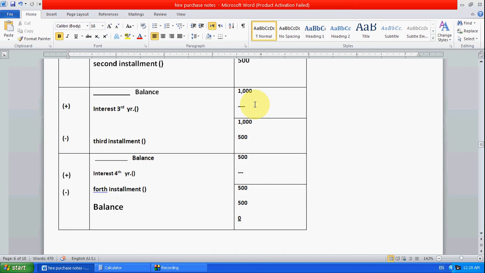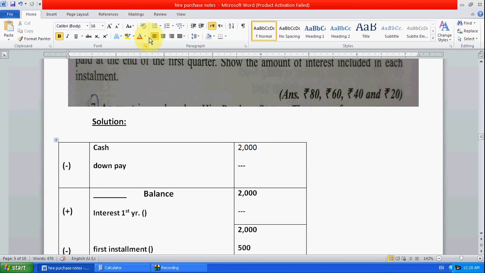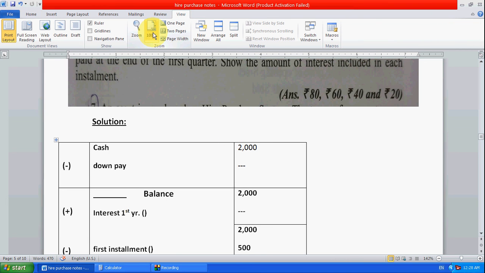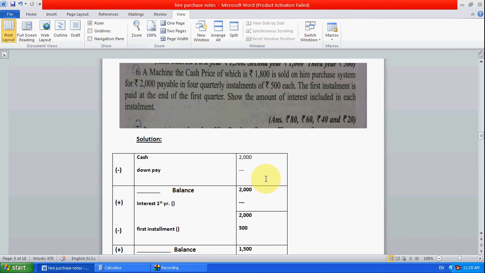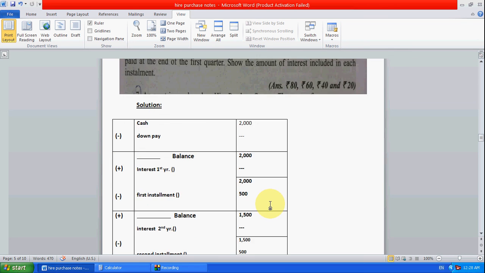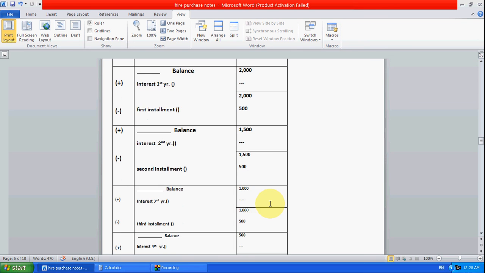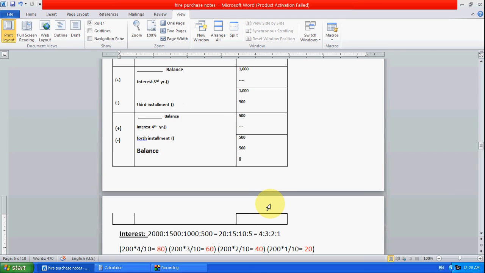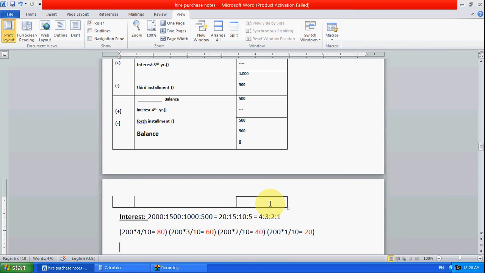So this is question number 2, which we have solved. There is no down payment. The interest is calculated on whatever the remaining amount we have to pay. This interest calculation is also very important.